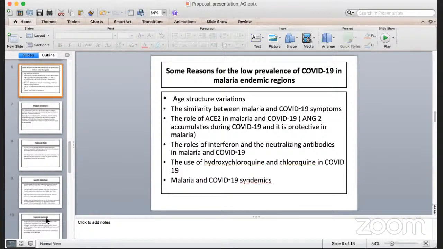But we also know that with co-infections with malaria and COVID-19, the interactions would be expected to rather worsen the disease phenotype.